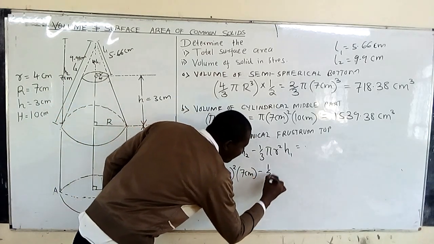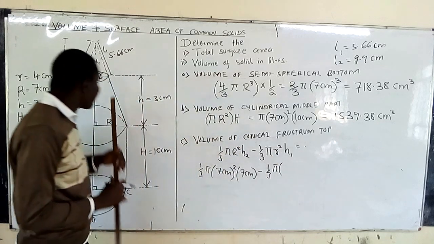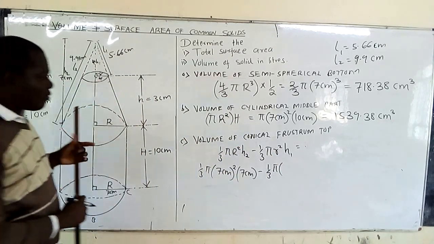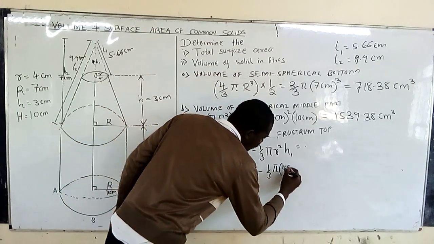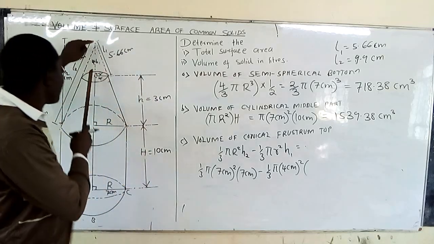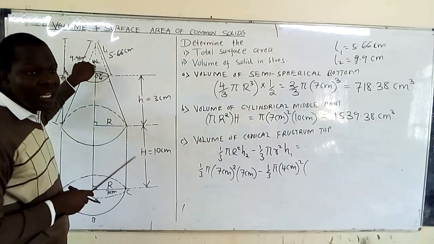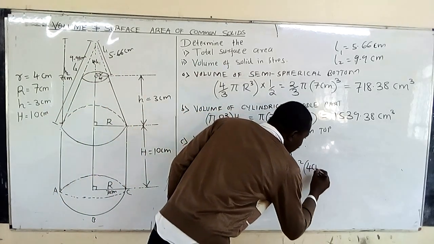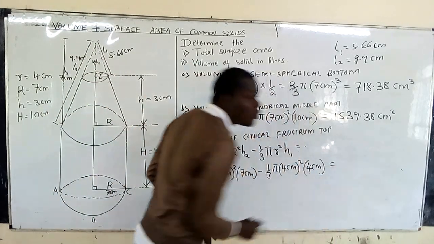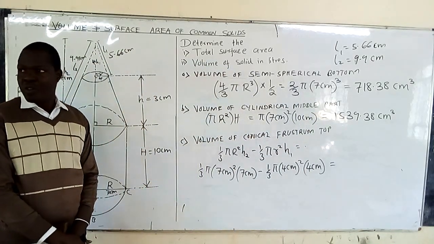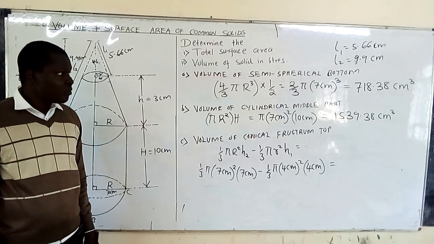Then it is minus a third pi, small r. The r we were given to be 4 centimeters, the small r, so that is 4 centimeters squared. Then h1 we found from the scale factor to be 4 centimeters. Good. So when you work this out, what do you get to be the volume of the first drum?